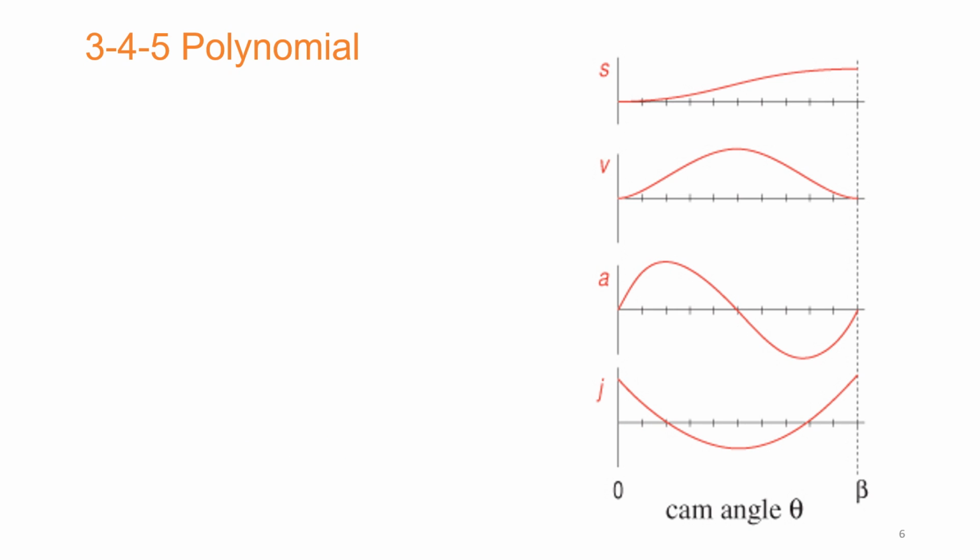In case of the 3, 4, 5 polynomial, we can draw the SVAJ diagram just like this. And as I've just mentioned, you have to define the boundary conditions. So let's see what are going to be those boundary conditions in our case. S is over here, V is here, A is here, and then you have the jerk. So this is the SVAJ diagram.